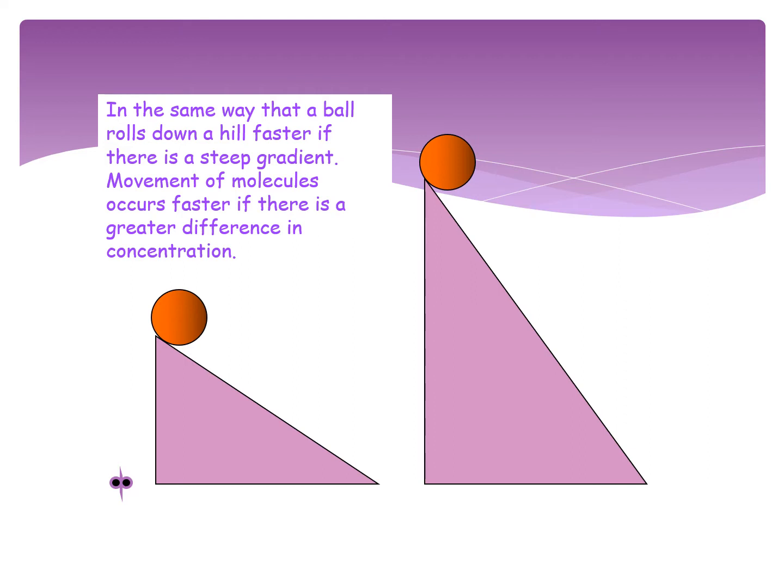As you can see from this one where there's a great difference from the high to the low concentration, the ball would be expected to go faster than in this other case where there's a short gradient and a short hill where the high concentration is nearer the low concentration. So we should expect to see the ball rolling down the steeper hill faster.